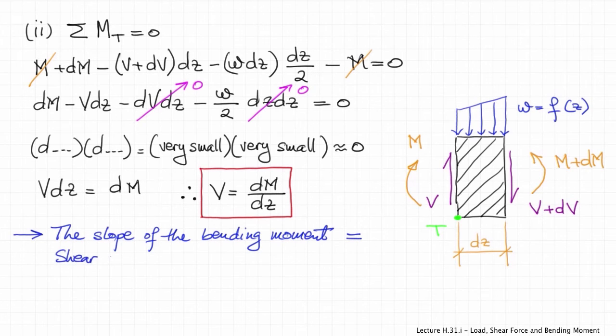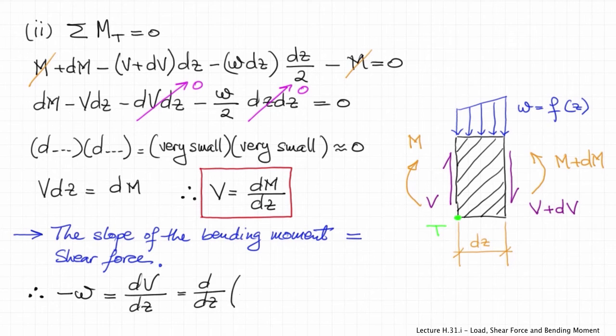So it's very important, as if we know the value of the shear force, we know how the bending moment diagram would look like. Now in the end we can express the negative of the distributed force as the derivative of the shear force, and that will be equal to the derivative of the bending moment, or d2M/dz2.